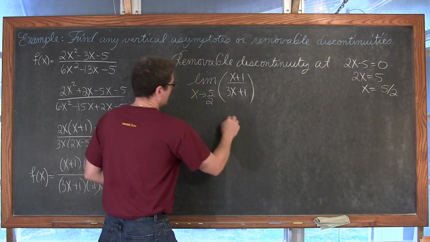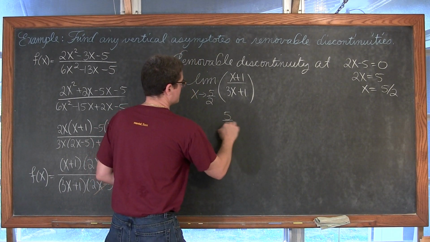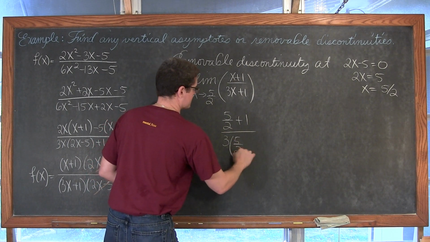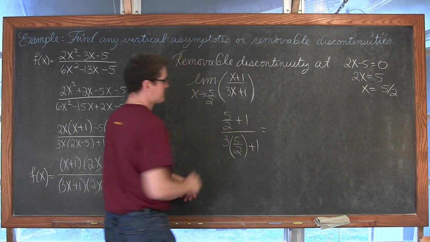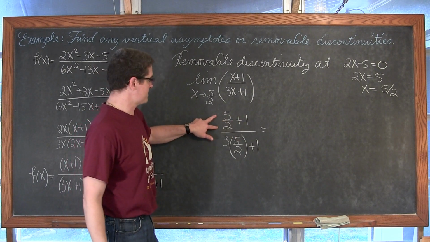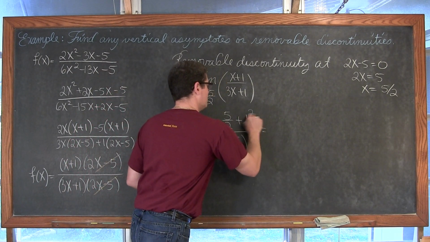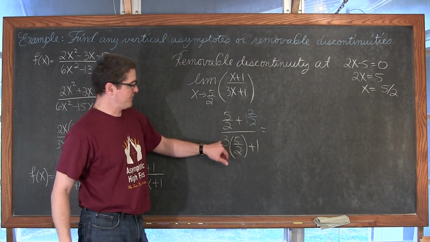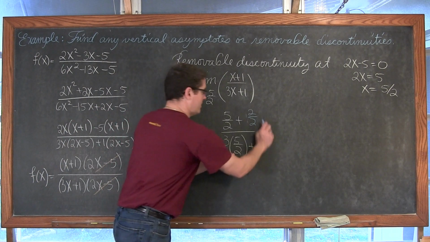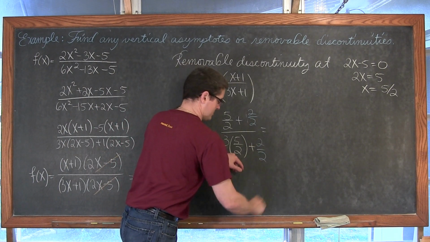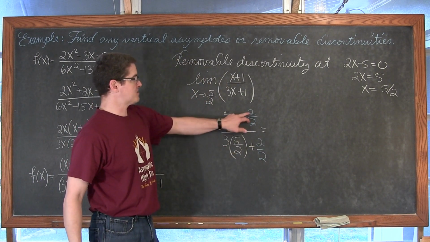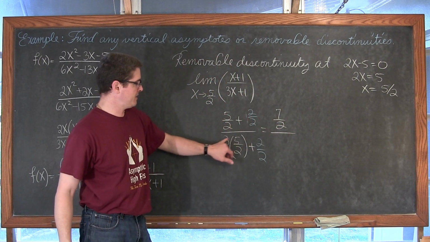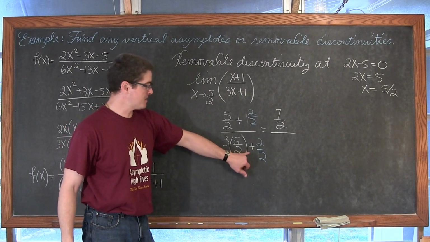So we have, let's see here, 5 over 2 plus 1 over 3 times 5 over 2 plus 1. We need common denominators, so the 1 is going to become 2 over 2. And the 3 times 5 over 2 is 15 over 2, and we'll need a common denominator here, so we'll make 1 equal to 2 over 2. And we get 5 plus 2 is 7 over 2, over 15 over 2 plus 2 over 2.